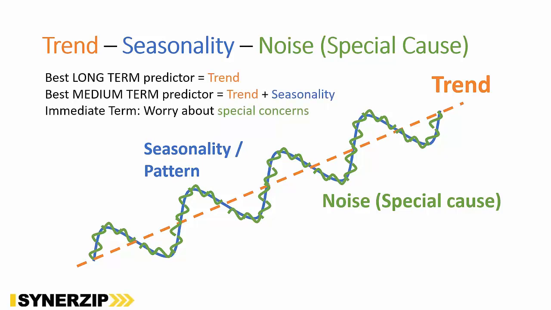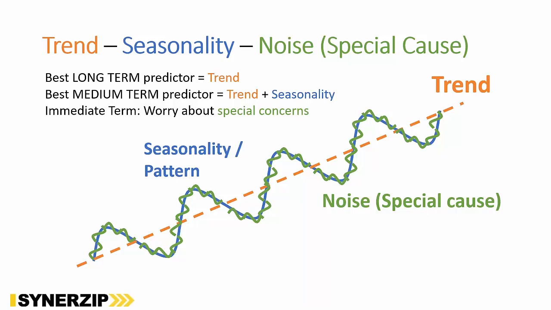And long term, the trend is normally the best predictor. Medium term, you've got the trend and the seasonality because you want to take the trend line, and you also want to apply whether there's a special pattern, or whether it's a Monday, or whether we're on global lockdown.